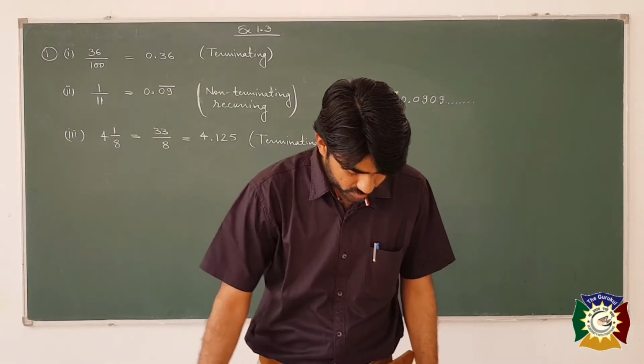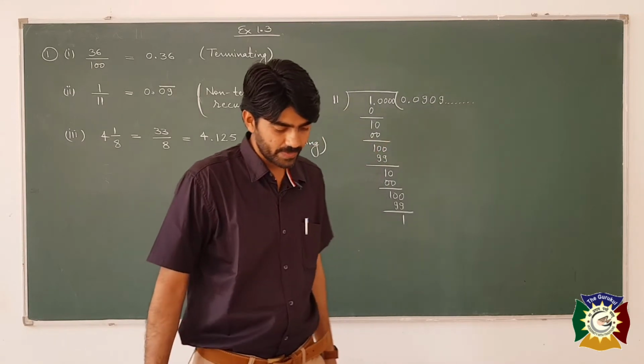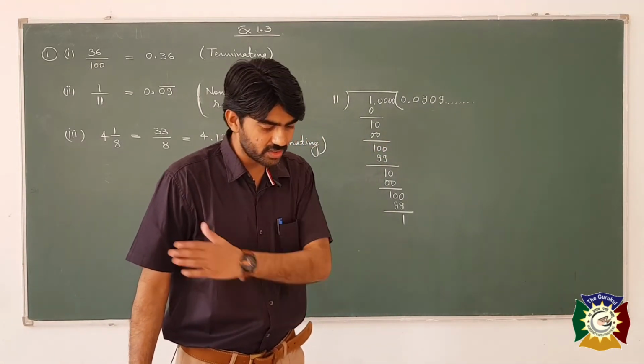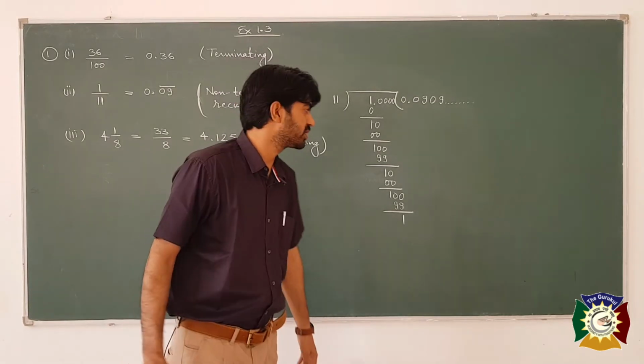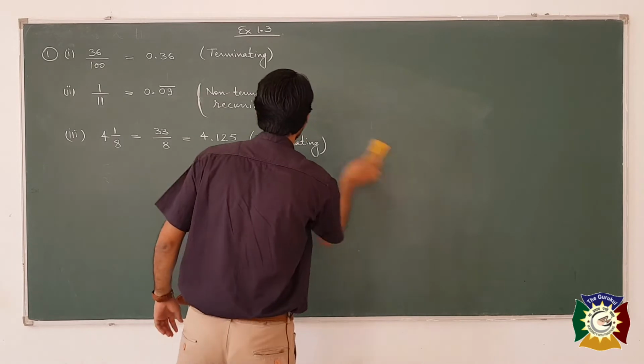Question number 2, you know that 1 divided by 7 is equal to 0.142857, and bar is there on 142857, all 6 digits. So let us see this question number 2.